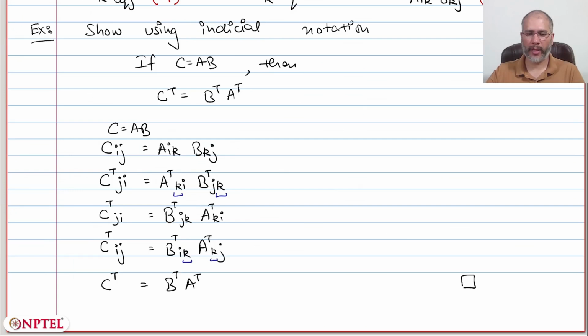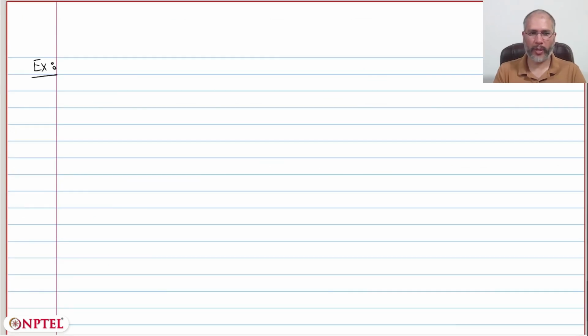So let's try another problem to further improve our understanding of matrix notation. In this case, we are required to show that identity times A equals A. So let's show this using indicial notation.